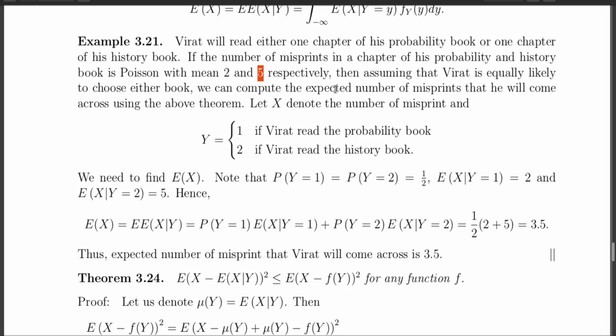Now, what I try to find out is the expected number of misprints that we are going to come across.